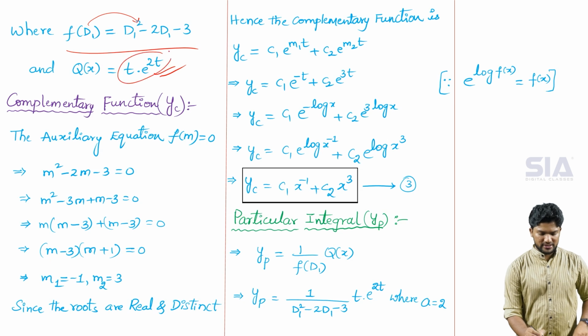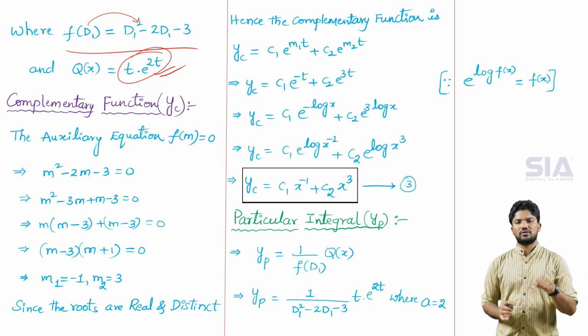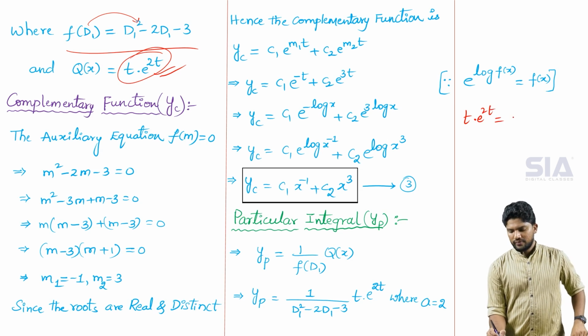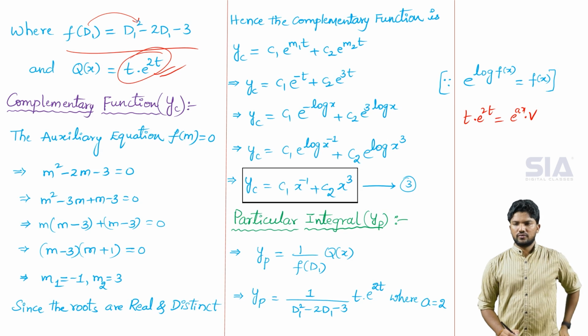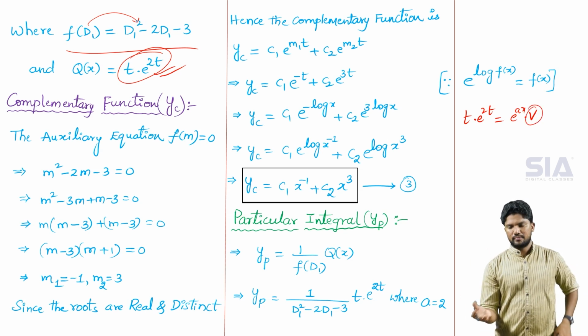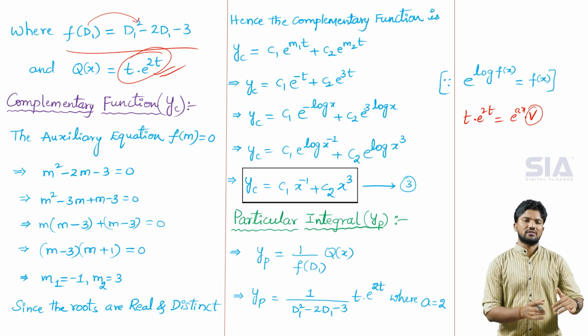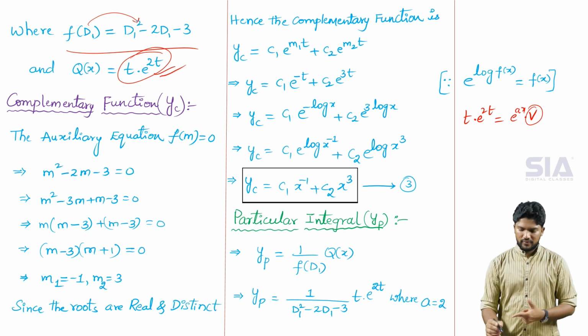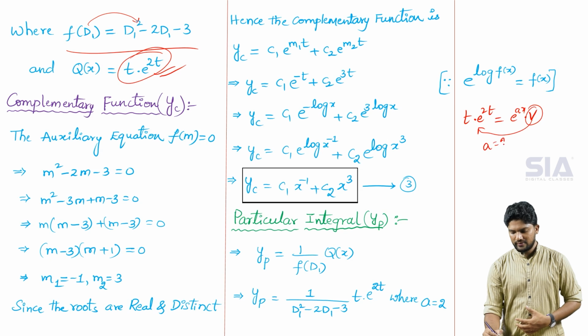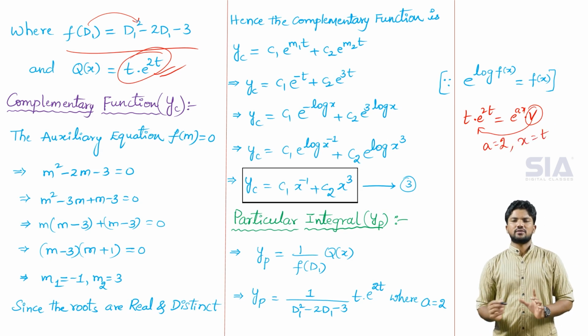Whenever you have the RHS value q of x as t into e power 2t, it comes under the type e power ax into v method, where v is a function of small x, but here in place of small x we have the variable small t, where v is a function of small t. So small a is equal to 2, small x is equal to small t and v is equal to t only.